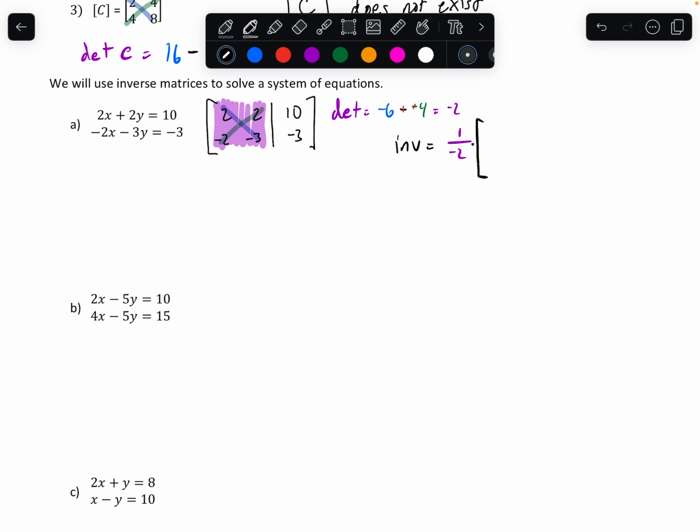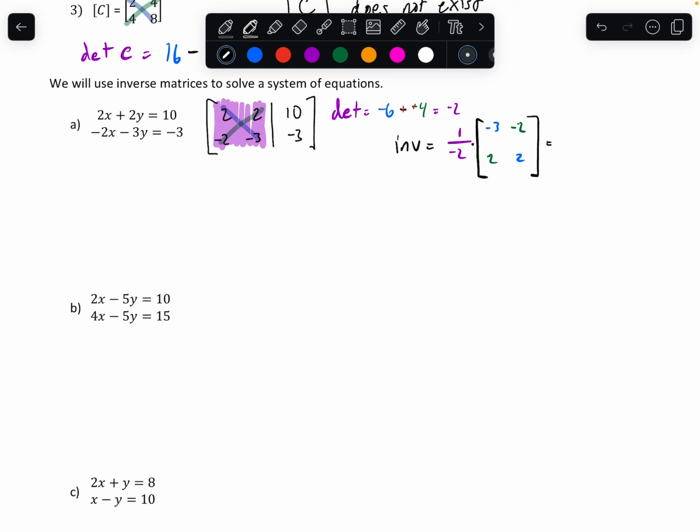This is where the numbers switch places, so the negative 3 and the 2 are switching places, and then the 2 here is switching signs, so it's becoming a negative 2. And then the negative 2 here is switching signs, so it's going to be a positive. So it looks like those two swap places, but they didn't. It's a coincidence.